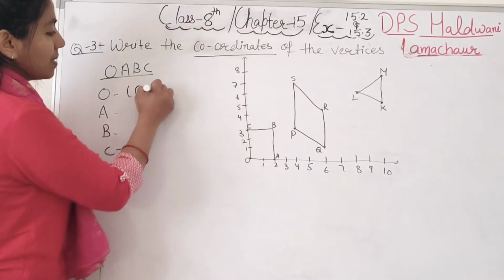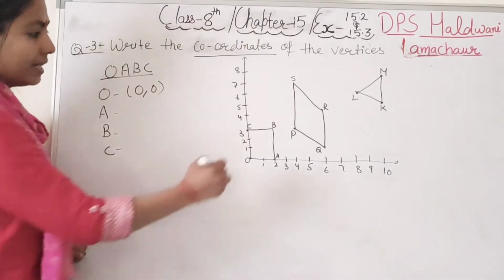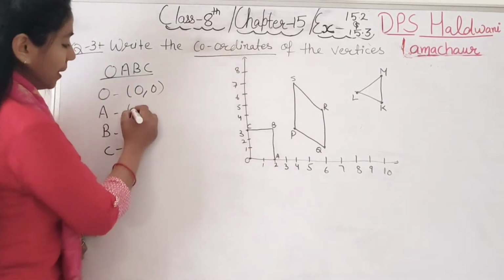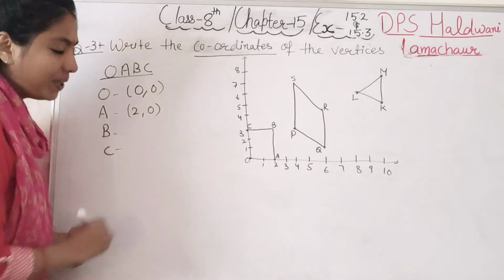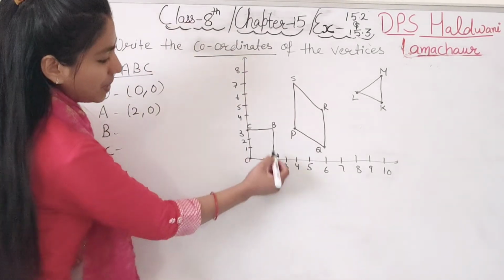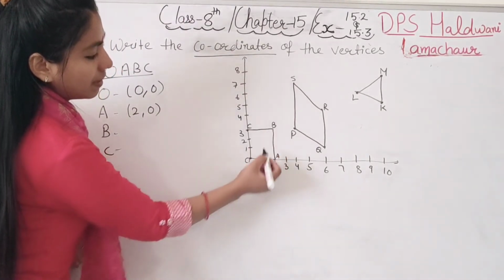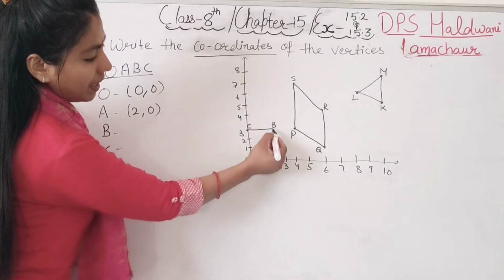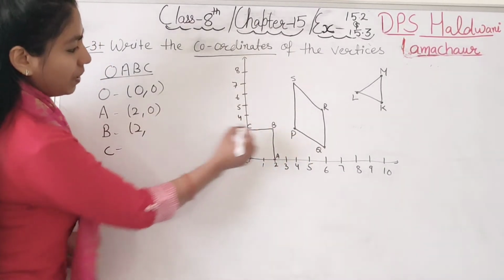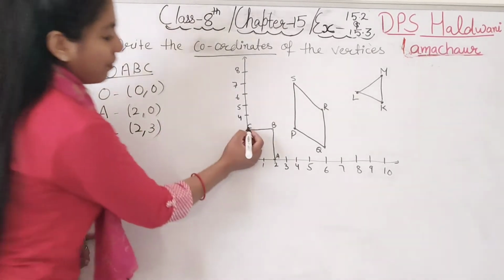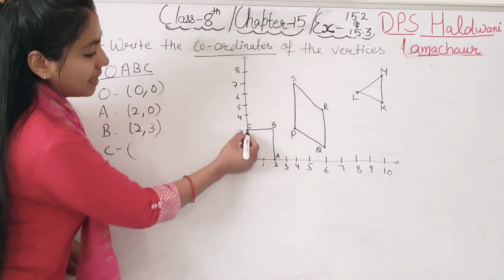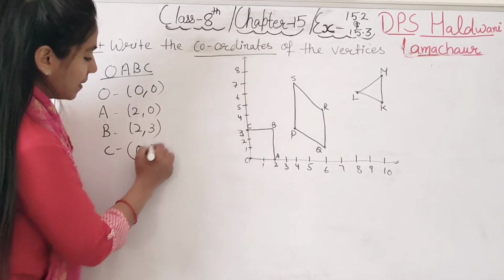So O is 0, 0, right? A is x is 2 and y is 0. These are the coordinates only, right, student? This is B. At point B, x is 2 and y is 3. Right, student? And for the C point, x is 0 and y is 3.